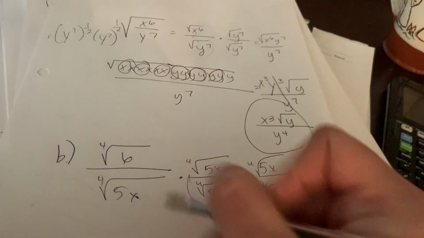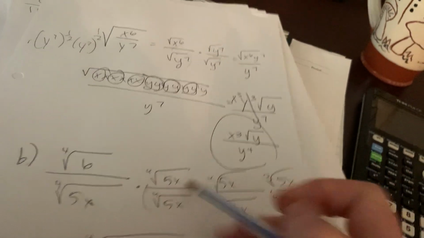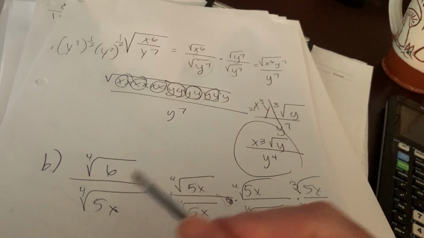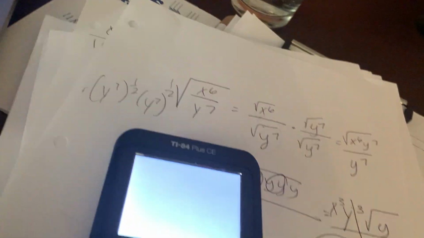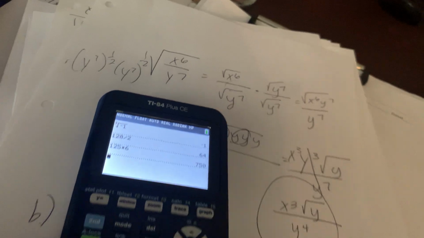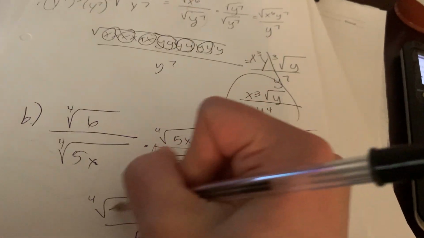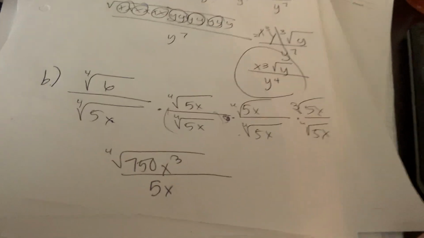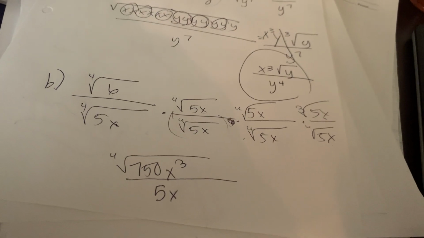Up here, it all goes into the radical. Well, 5, 5, 5, there's not 4 of them, so that's going to be what, 125, and 125 times 6. It's going to be 750. And then x to the third. That's it. Okay, last one.